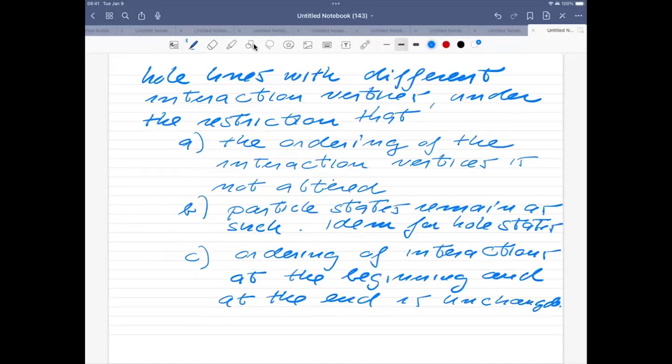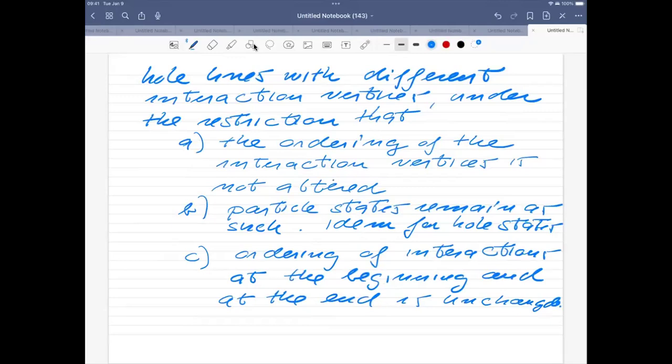Each interaction vertex which we have is normally thought of either as an anti-symmetrized matrix element, or it could be a one-body operator, or it could just be a non-anti-symmetrized matrix element. But normally we end up using anti-symmetrized matrix elements. When you have n such interactions, you would typically draw n interaction lines, and you would order these interactions in a specific way.